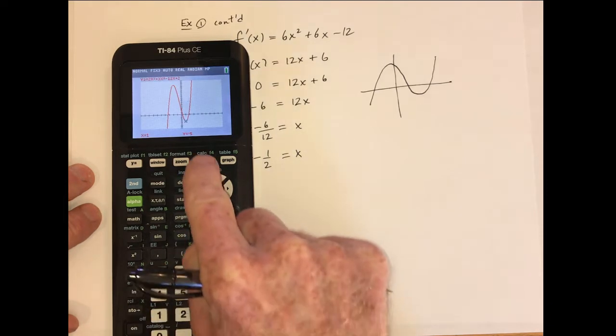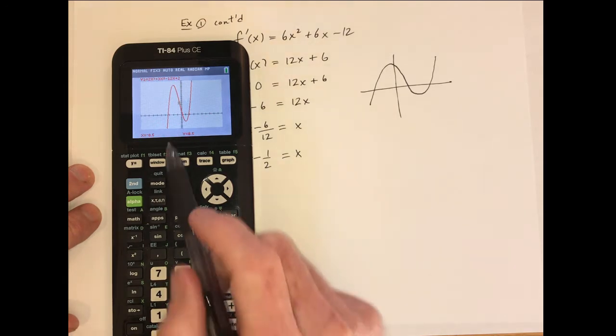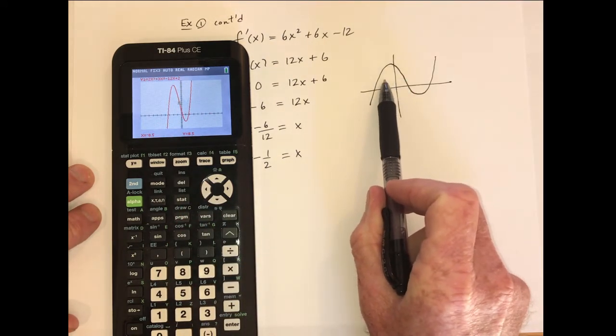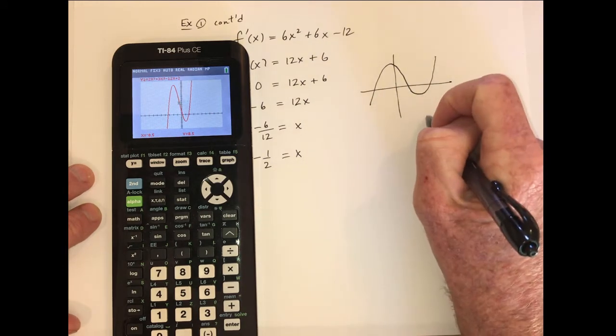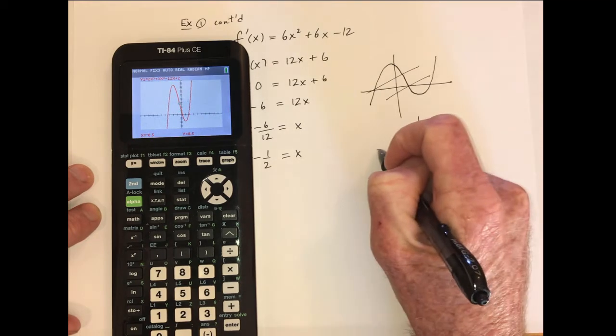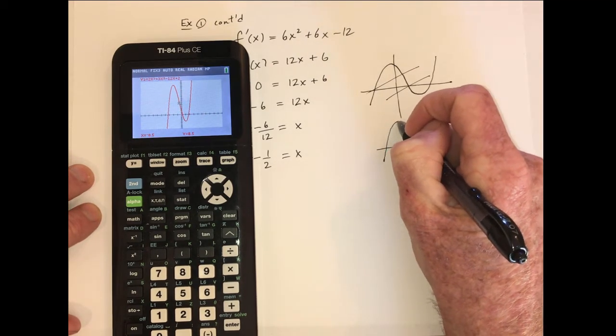Hey, calculator, wake up. Trace and put -1/2. So that's right there. So this point right here should have been moved over there. So it's more like this.